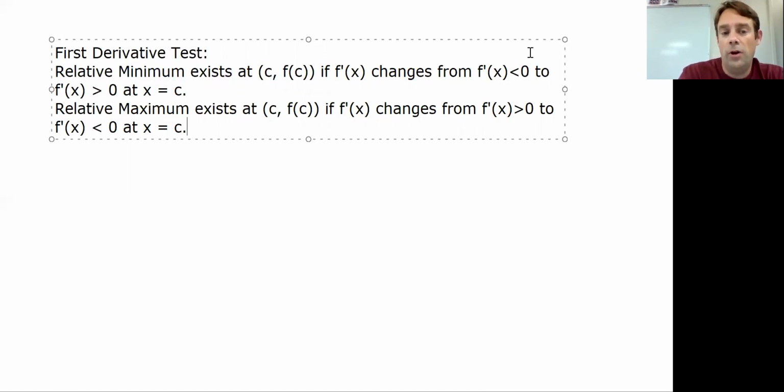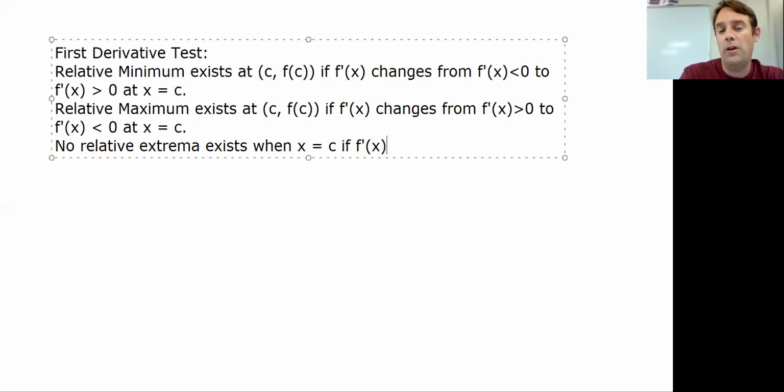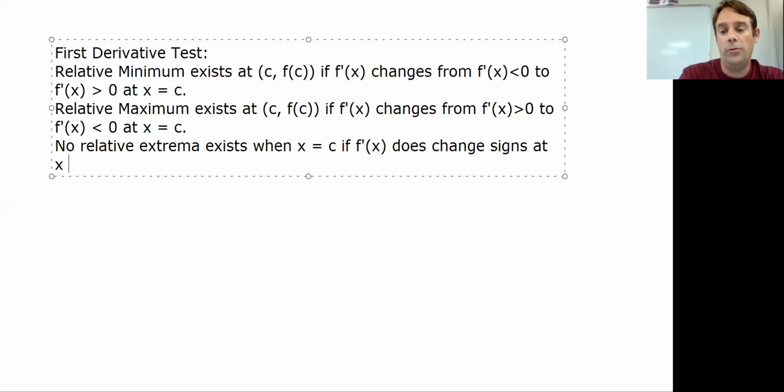Notice obviously they're the exact opposite. However, no relative extrema exists at c if f prime of x does not change signs at x equals c. So if it doesn't change signs, then there is no relative extrema.